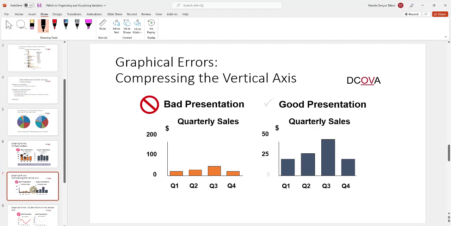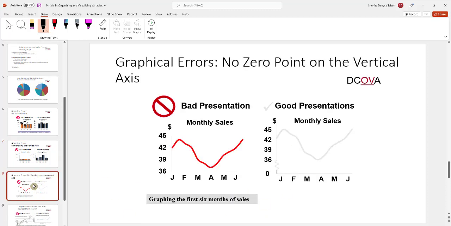So you really can't get a good idea of the monetary amount for each one of these bars because the vertical axis is compressed. So if you don't compress the vertical axis, if instead of going from 0 to 100, you go from 0 to $25, then you can have a better picture of what the quarterly sales are.